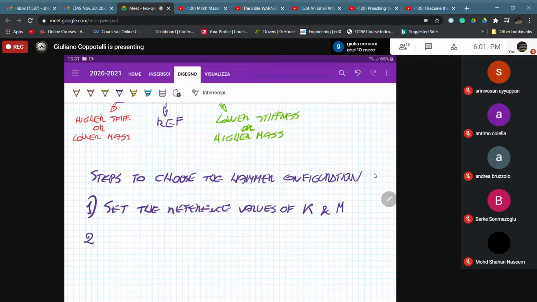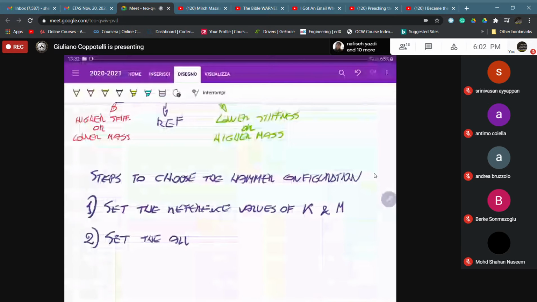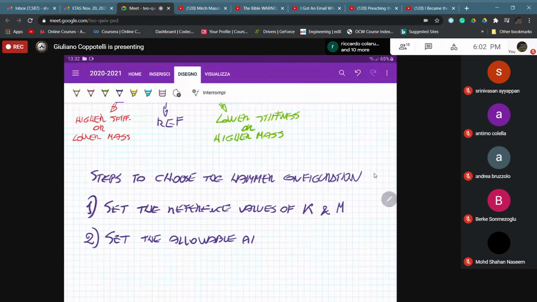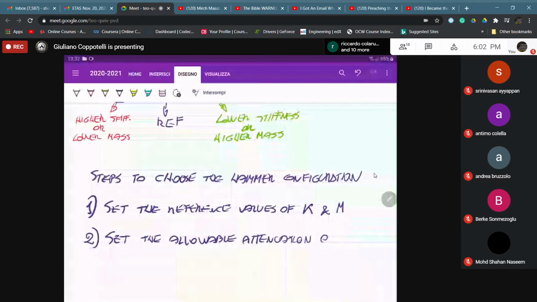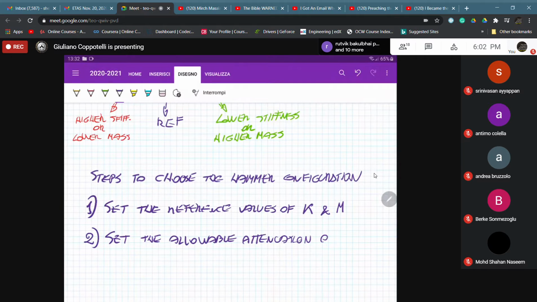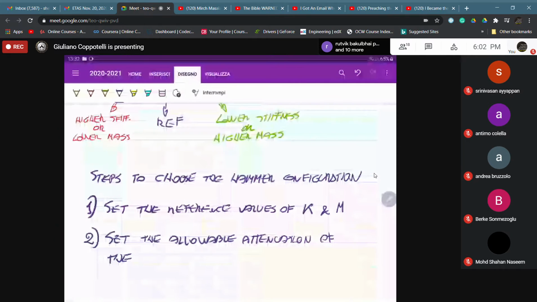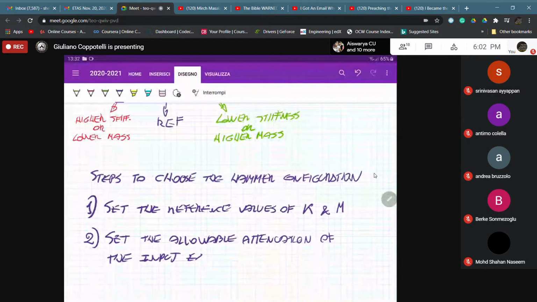Then set the allowable attenuation of the input excitation.